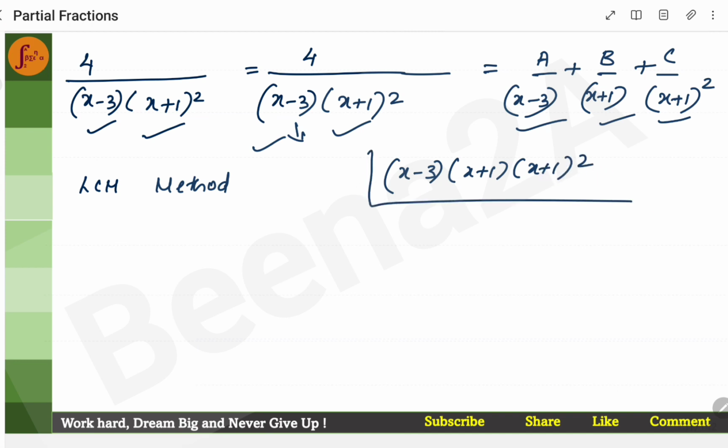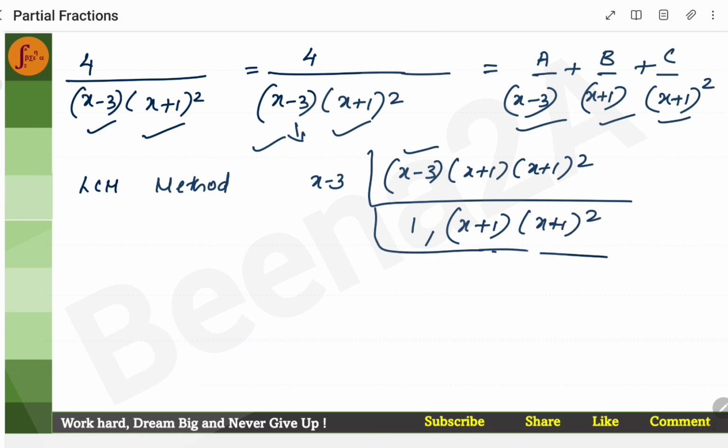Now we'll use LCM. First I'll take x minus 3. X minus 3 into 1 is x minus 3. Now I'll just copy this as is. Now the next one I'll take x plus 1. X plus 1 into 1 is x plus 1. Now again here x plus 1 into 1 is x plus 1. But I have x plus 1 the whole square here, so x plus 1 into x plus 1 is x plus 1 the whole square.